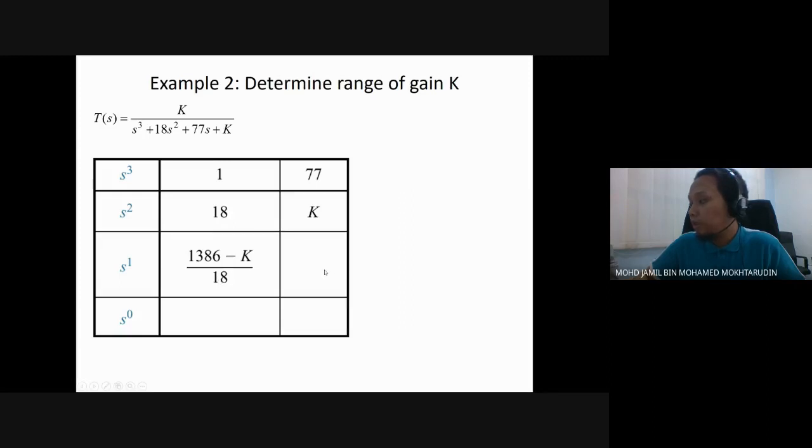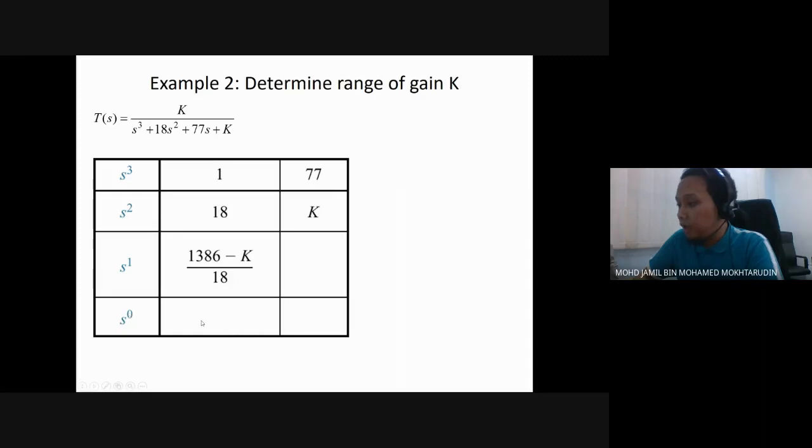For the second box, you get the determinant of 1, 18, 0, and 0, meaning you get 0. You can put 0 here, or just leave it empty, it's the same. It will be assumed as 0. Then you determine the row S naught.